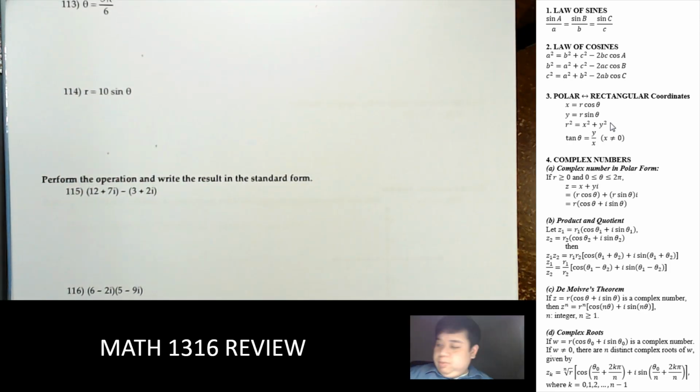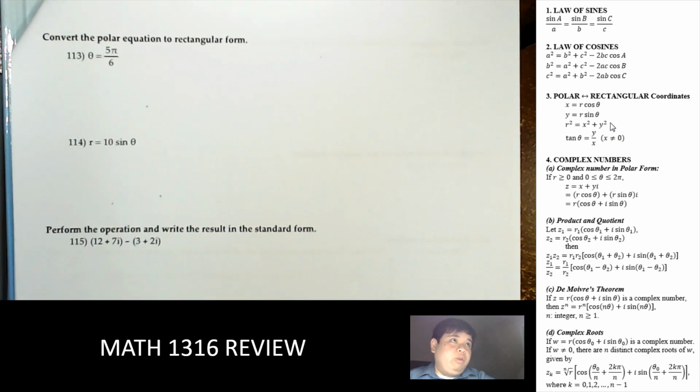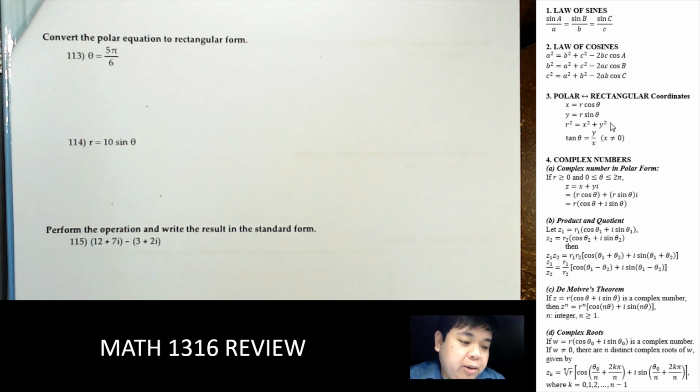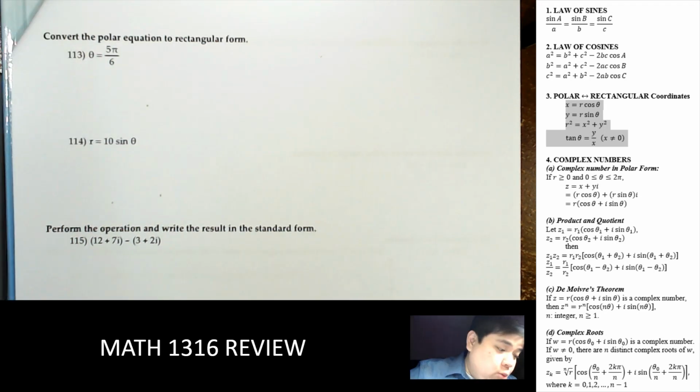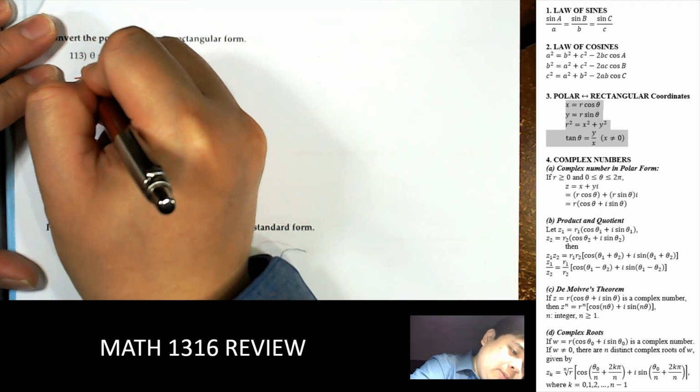Next we do this in reverse. We have the polar, now we convert to rectangular form. Right. So theta is equal to 5 pi over 6. In that formula, we only have tangent of theta, so we should use tangent. So I'm going to take tangent on both sides.